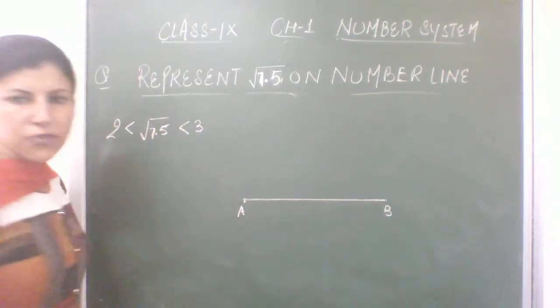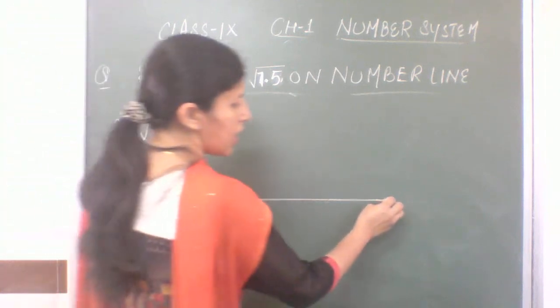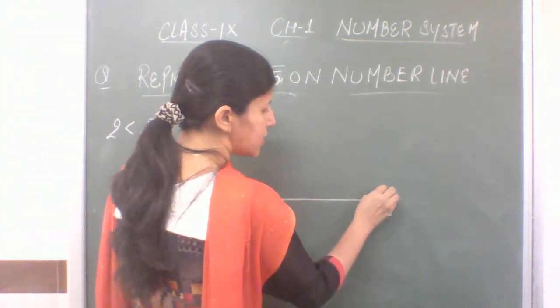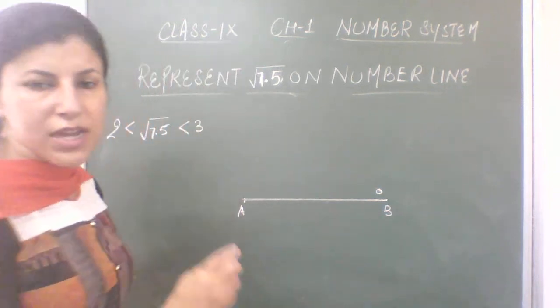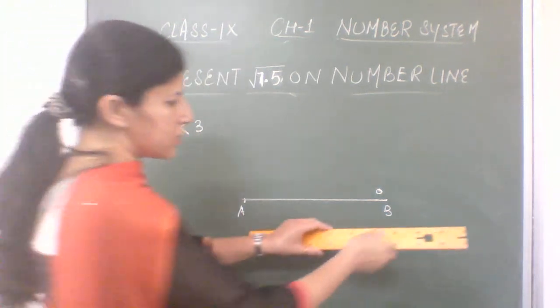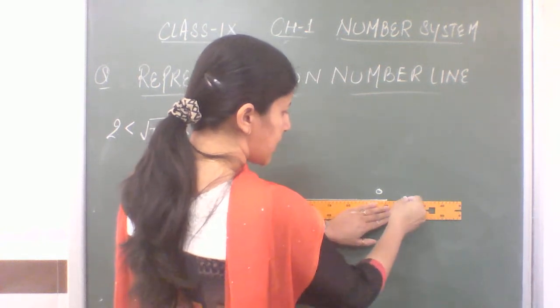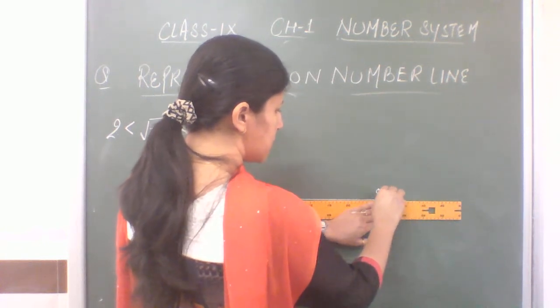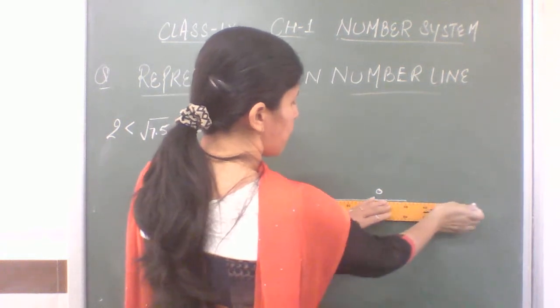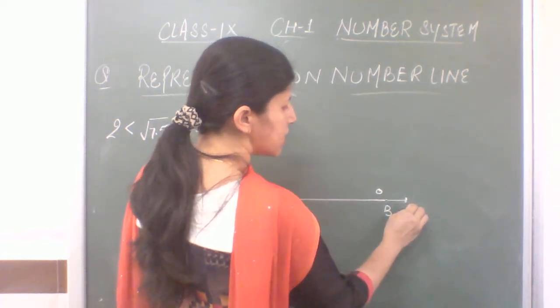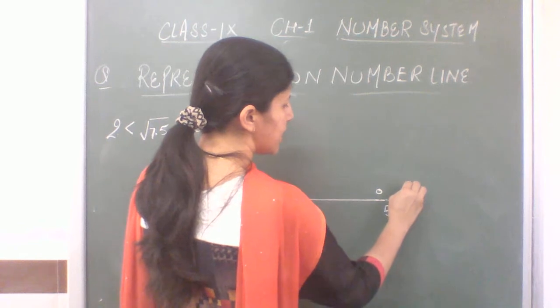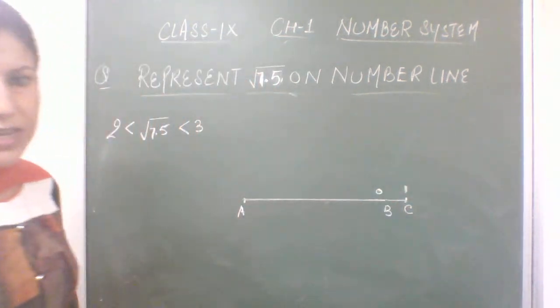Now what next? We have to take our 0 point at B. Now extend it by 1 centimeter. Place your scale here and extend this line by 1 centimeter. This one point will be C, and you have to mark it as 1 on your number line, right?